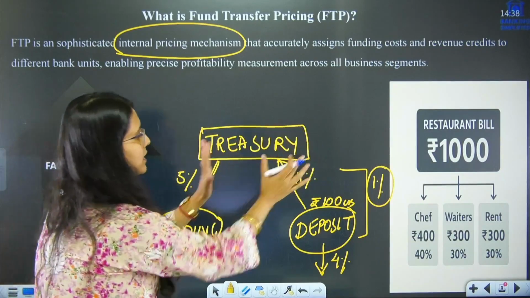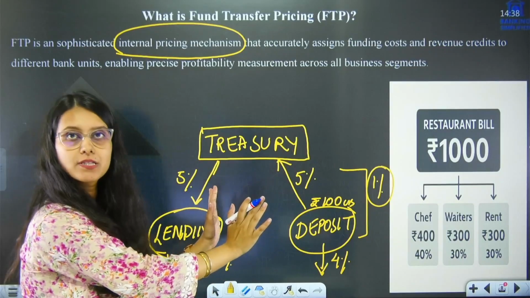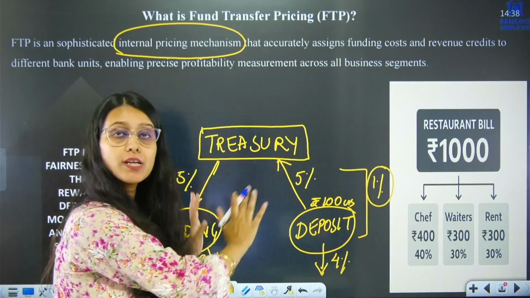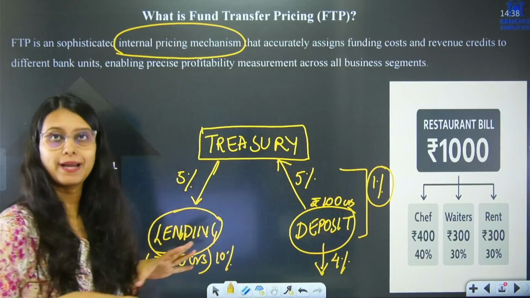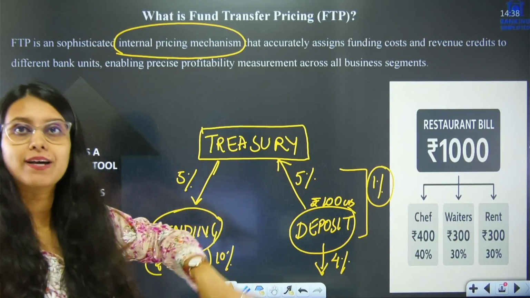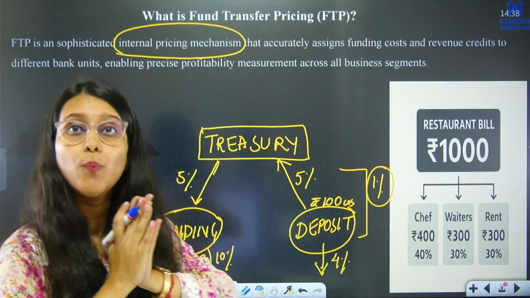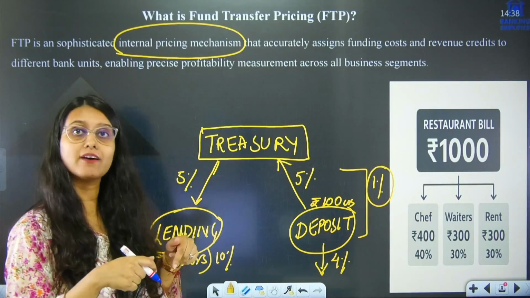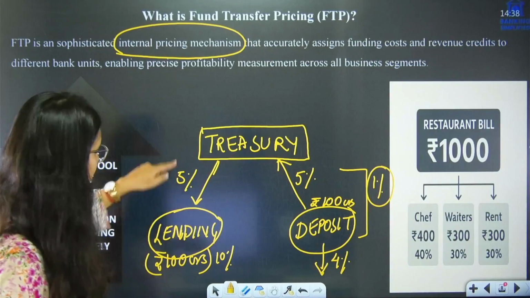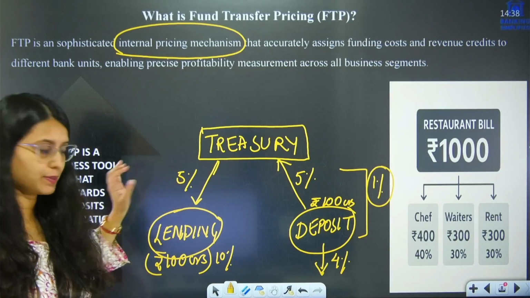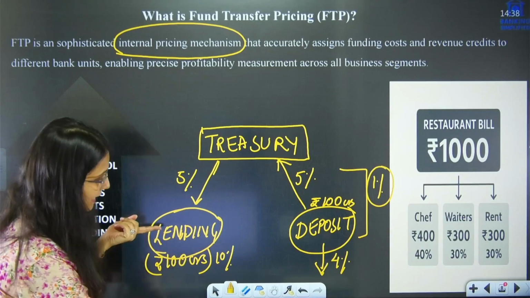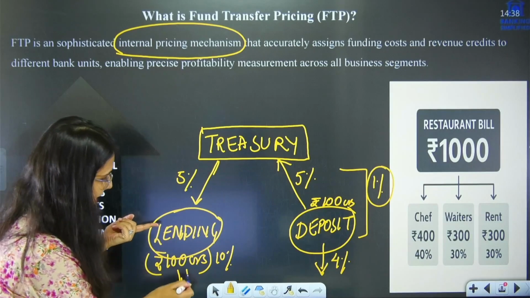As of now, Treasury is not making any profits here. It is only distributing the profits of the bank among the different units of the bank to incentivize these units for whatever work they have done, for whatever business they have brought for the bank. Now Treasury has lent to the lending unit at 5%, and the lending unit has lent it to the customers at 10%.